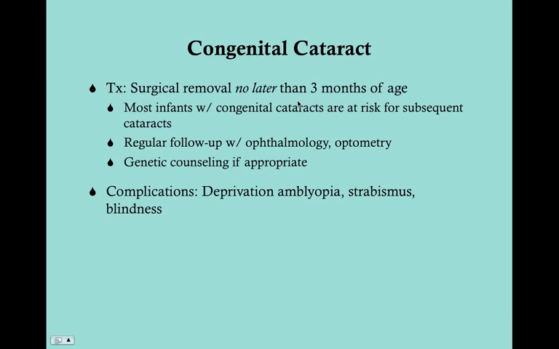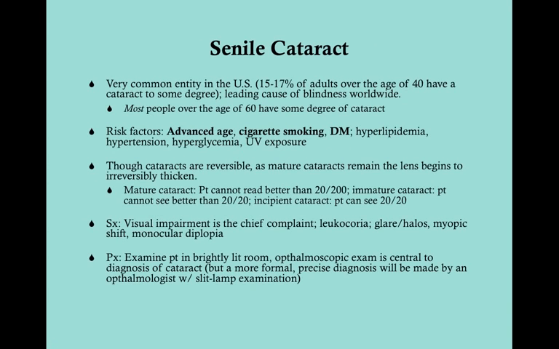The cataract itself is not so much a problem as the complication, which is uniformly going to be deprivation amblyopia if the congenital cataract is not treated. And the neuroocular system really does a lot of growing and developing in that early period, and so that's why we want to get this taken out quickly. Strabismus and blindness are other complications that can develop if you don't treat congenital cataract appropriately.